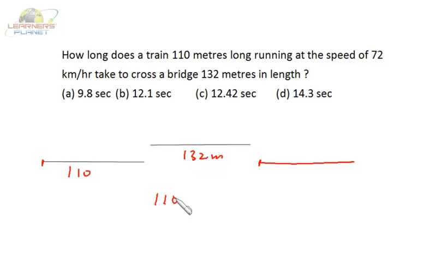And this is the ending point of the train. That means the train will have to cover this distance to cross this platform. So this is the distance and the speed of the train is 72 km per hour. Further, let's convert it to meter per second. So 72 into 5 by 18.